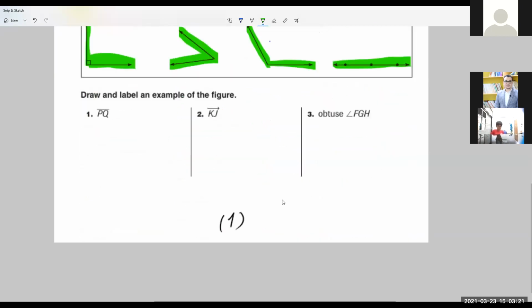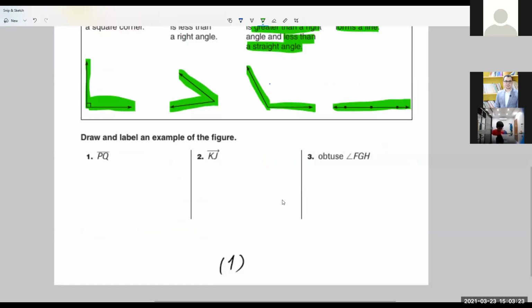Okay, now let's draw some angles here. Let's draw some figures. So draw and label an example of the figure. So BQ, what is the type of this figure? Who can help me here?